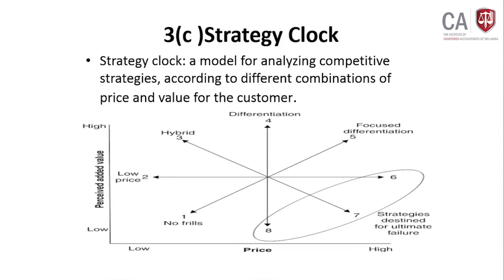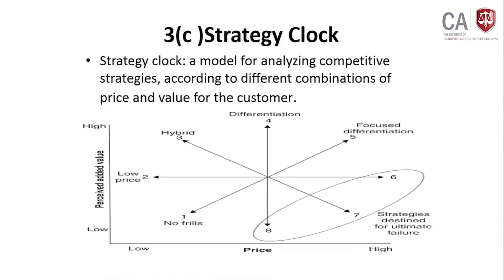Here 2 variables have been considered. One is the price variable, the other one is perceived added value. Under the price variable, we look at the level of the price, whether price is low, medium or high.